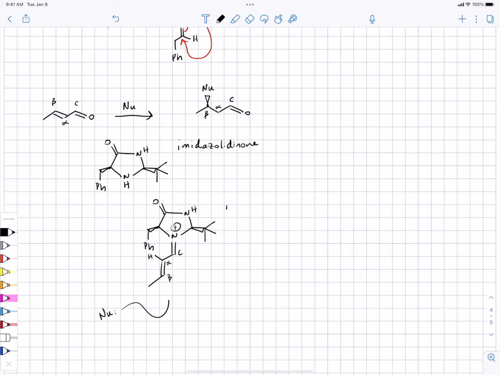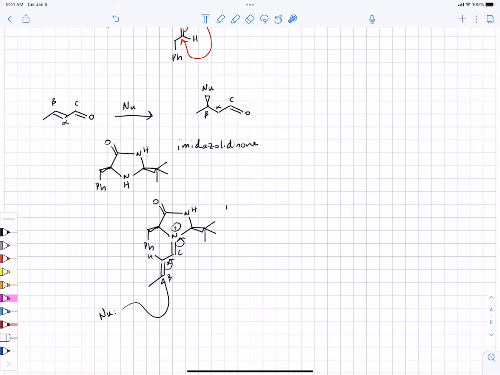So when the nucleophile attacks, you can get an enantioselective nucleophilic attack. Then in the next step, you hydrolyze the enamine and you get the product.